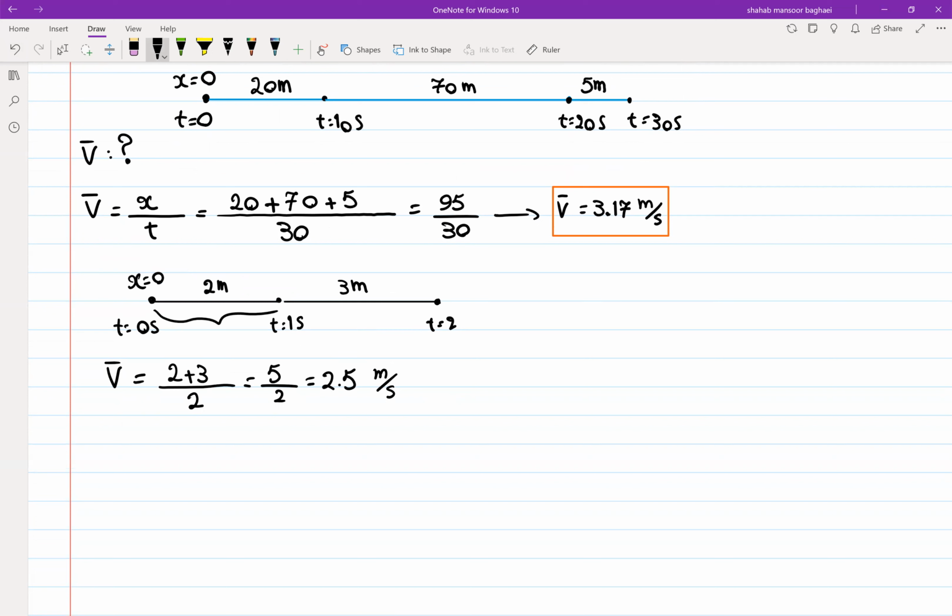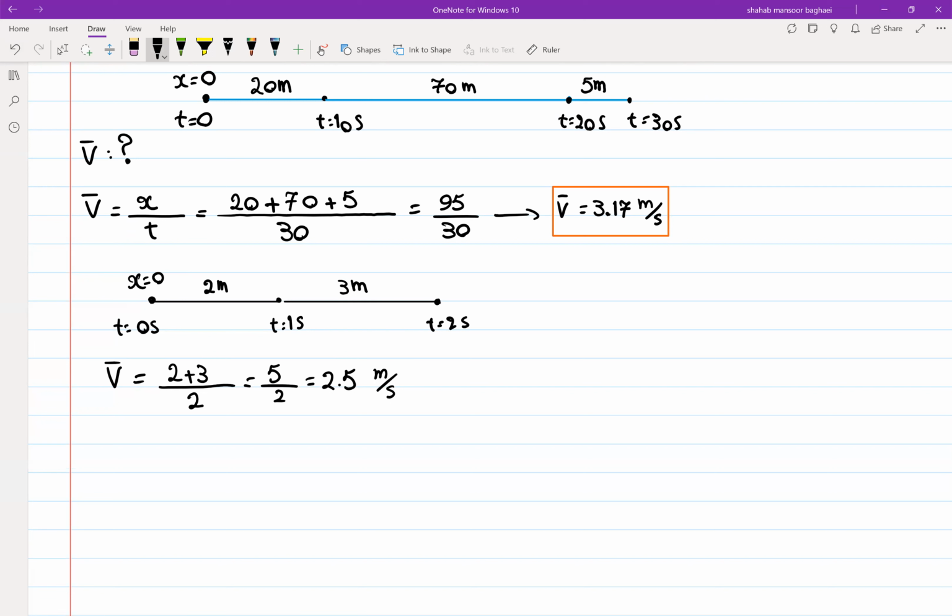If you want to calculate the velocity for the second time interval, again, you have a different velocity value. It is different from v bar. But v bar is valid for the whole motion of your moving particle from 0 to 2 seconds.